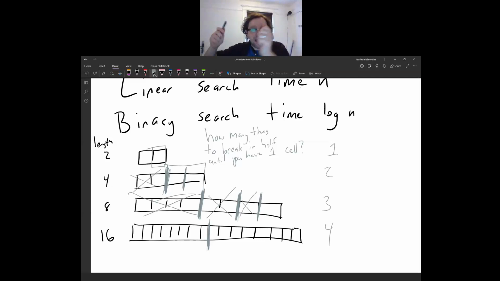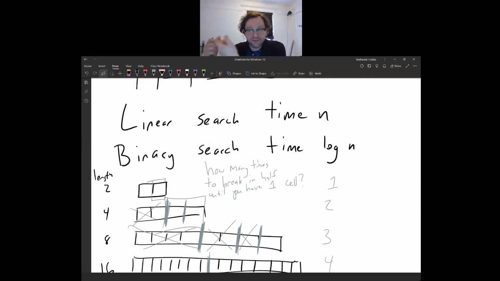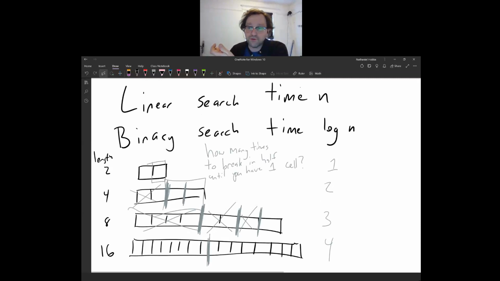Okay, so if this is n, the length, then these are log n, log base 2 of n. What power do you need to raise 2 to in order to recover the length? That's another way of thinking of it.